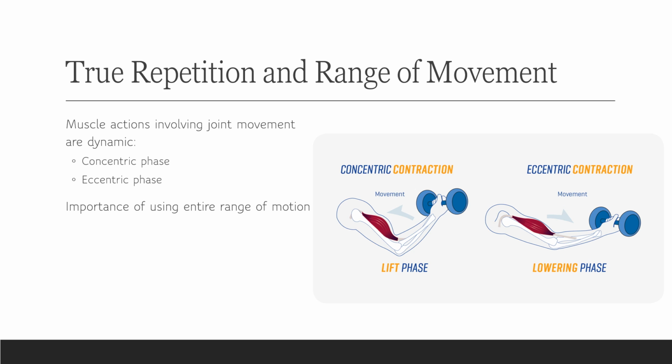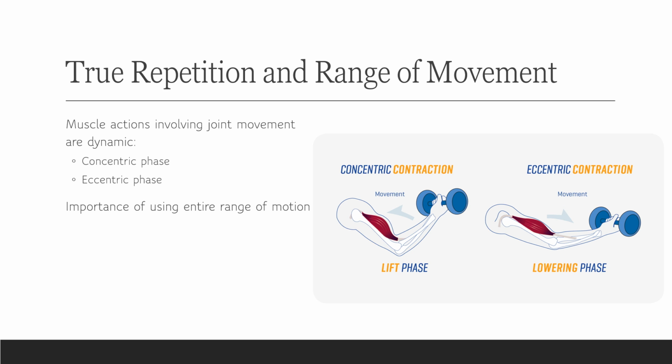It is important to perform the exercise so that the joints involved move through a full range of motion. This is especially true for single joint exercises. For example, in the arm curl, a full repetition should start with the elbow almost completely extended, progress until the elbow is maximally flexed, and finish with the elbow almost completely extended again.